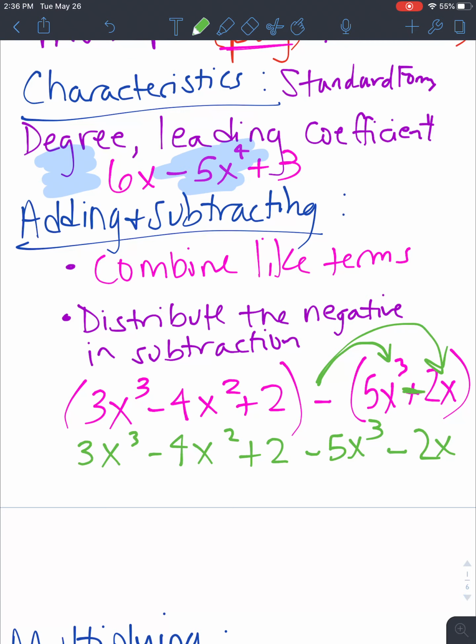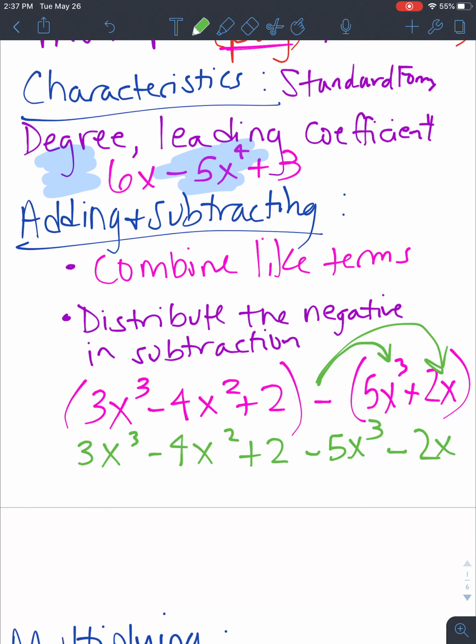If this was instead a negative 2x, then that would be positive 2 after distributing in the negative. In this case, both of our coefficients were positive, which is why after distributing in the negative, both are negative. At this point, all you have to do is combine like terms.